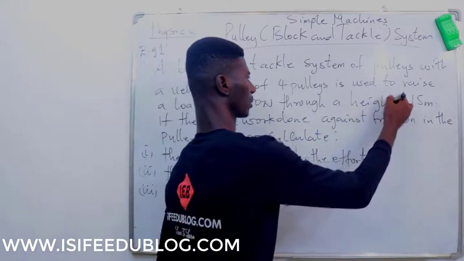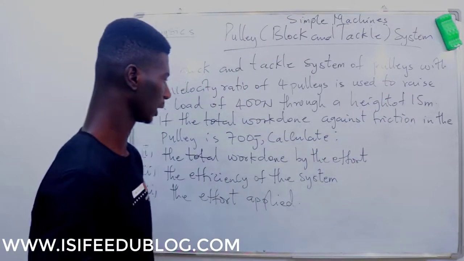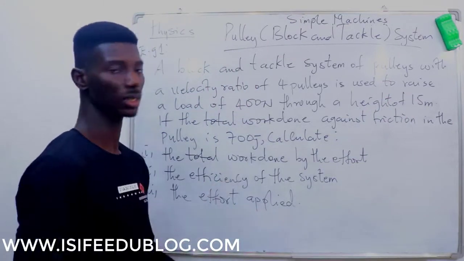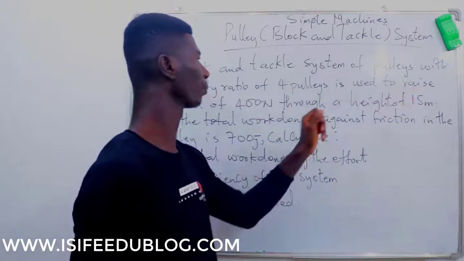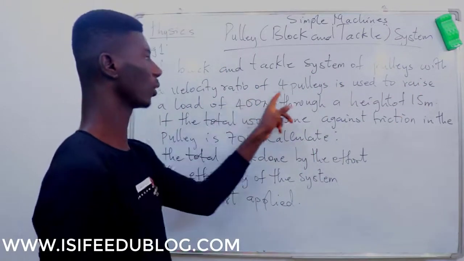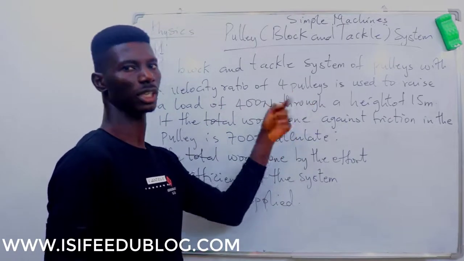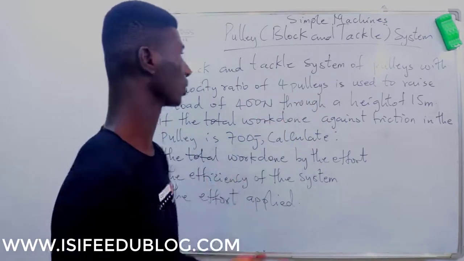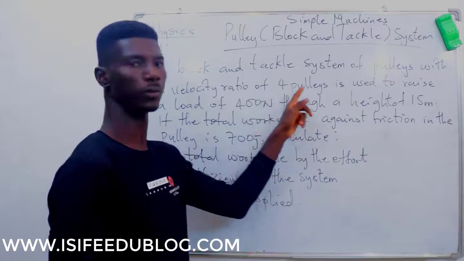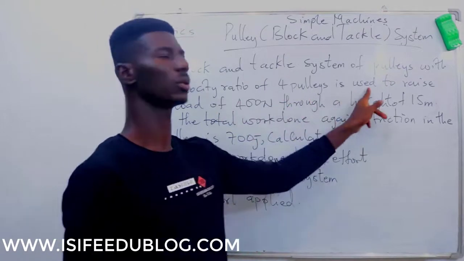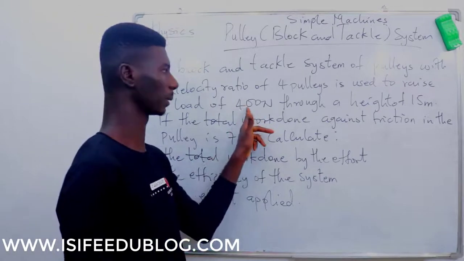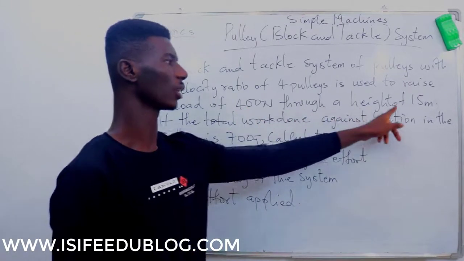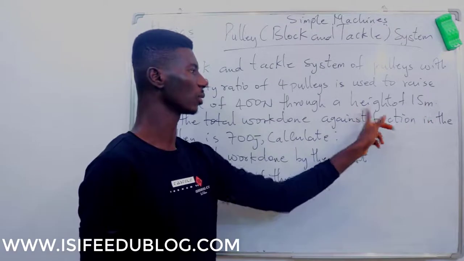Now the first question says here, a block and tackle system of pulleys with a velocity ratio of 4. So in this particular one, we are given the velocity ratio already. A velocity ratio of 4 pulleys is used to raise a load of 400 Newton through a height of 15 meters.